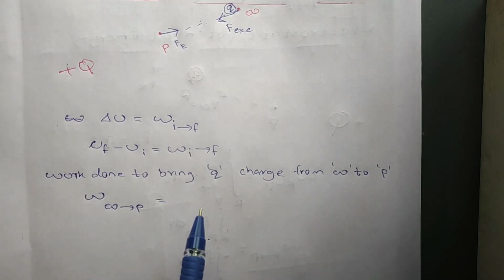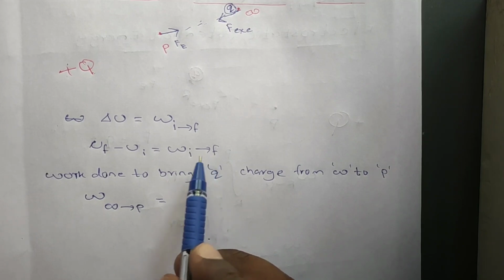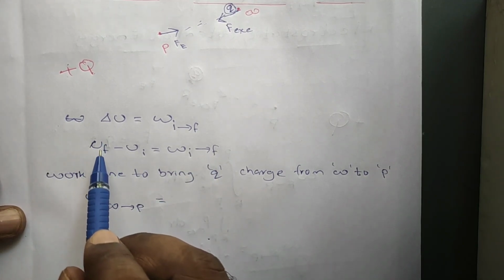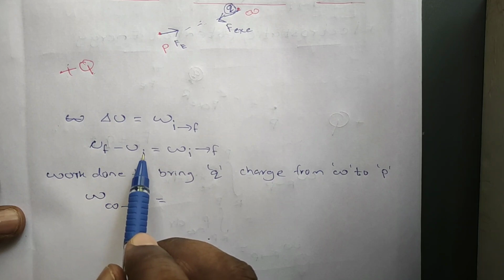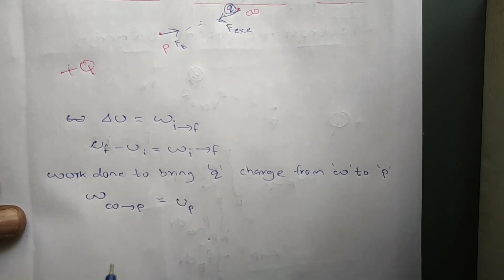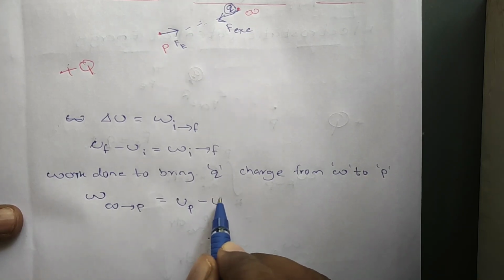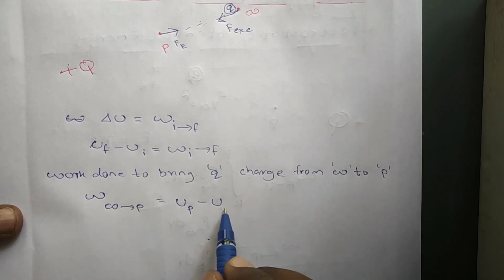We already know the work done to bring a charge from the initial to the final position is the potential energy of the final position minus the potential energy of the initial position. Here the final position is P, so potential energy of P minus the potential energy of the initial position, that is infinity.